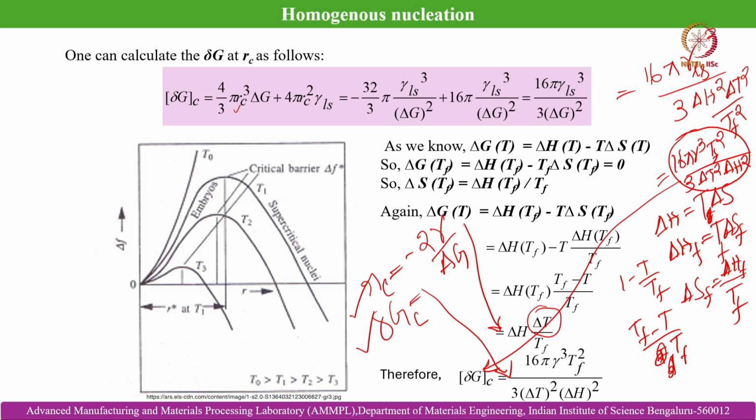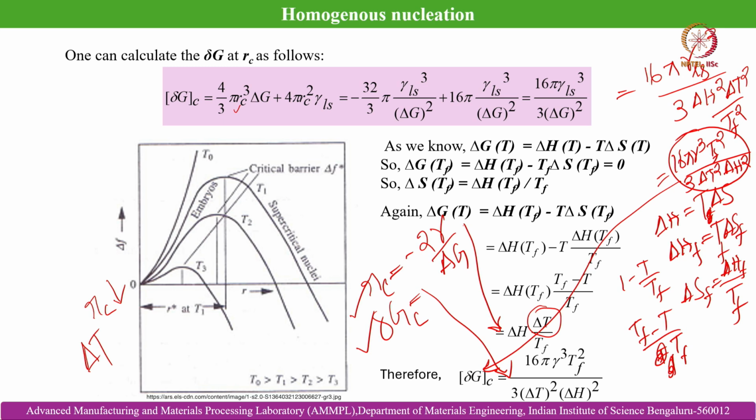Why? Because the temperature of the melt is lower, it has a higher delta T value. You can also get it by calculation. A higher delta T value makes a smaller Rc value stable. That means a smaller nucleus can become stable and it can grow to become a fully formed grain.